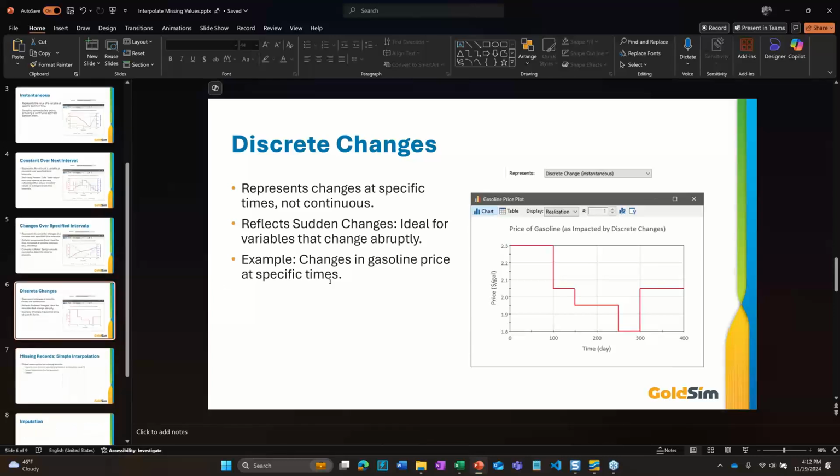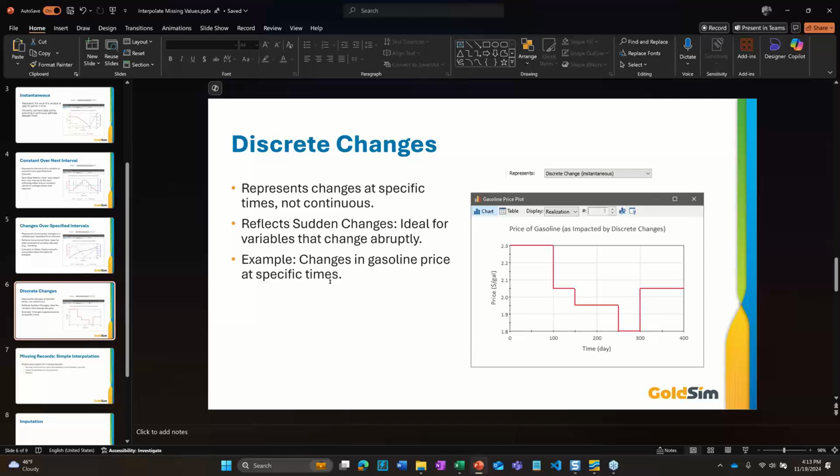Okay, finally, another type of represents that you can use in a time series, and this is an important one, and it also will be covered in my discussion of comparing discrete versus continuous types of outputs. The discrete change type of represents is really powerful for when you don't have regular intervals in your time series. That'd be a case where you have spot measurements at random points in time of whatever you're measuring.